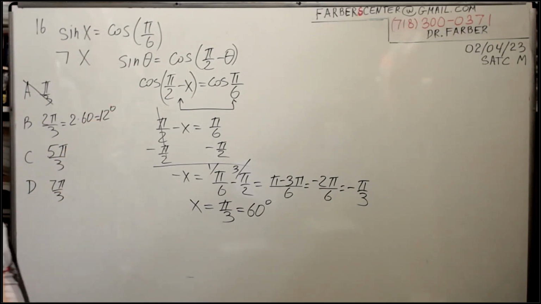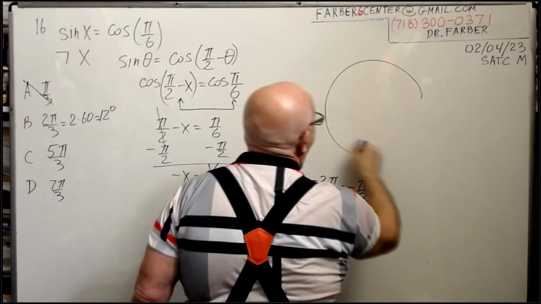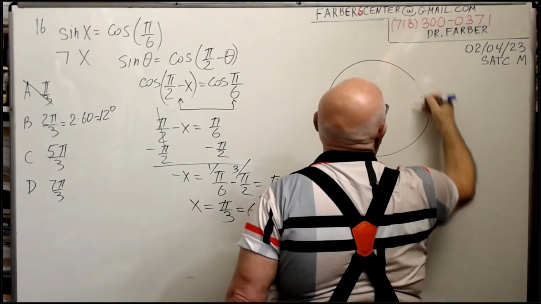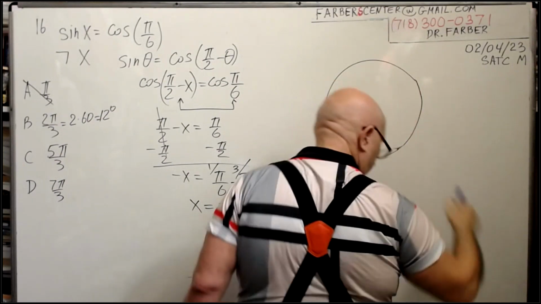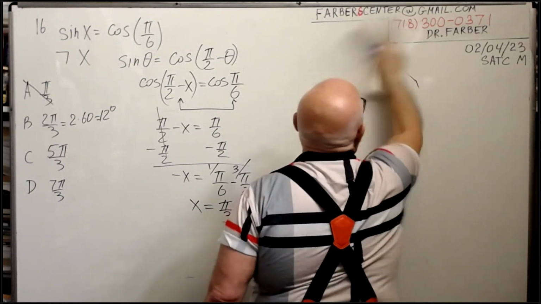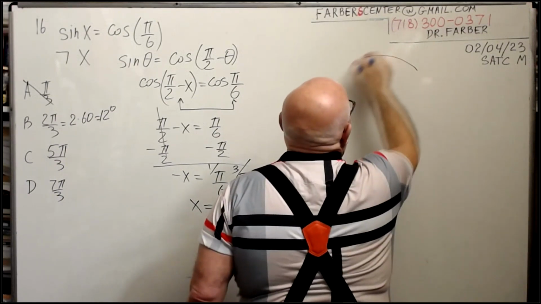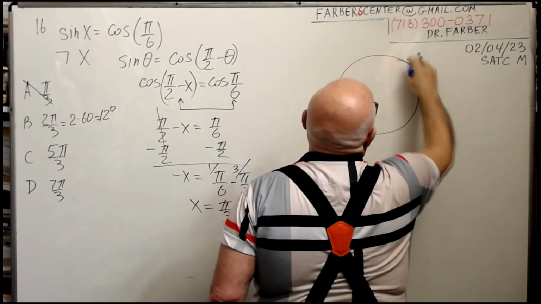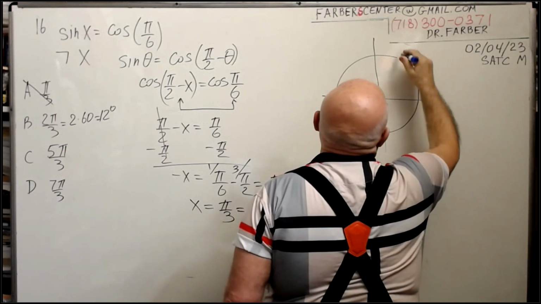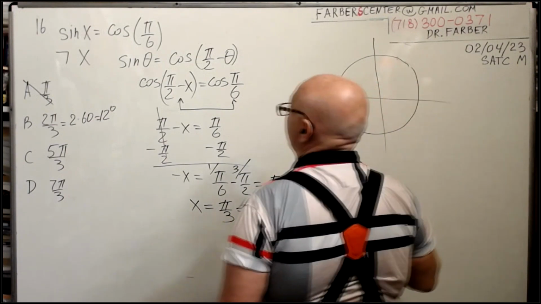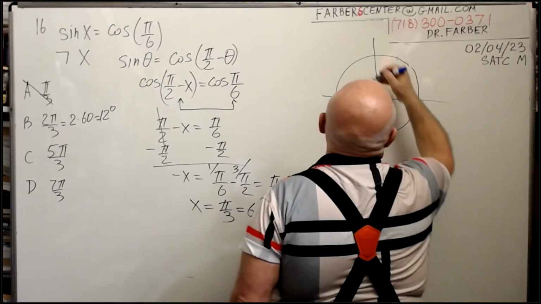If I make a unit circle, I know this. Okay, pi over 3 is 60 degrees.